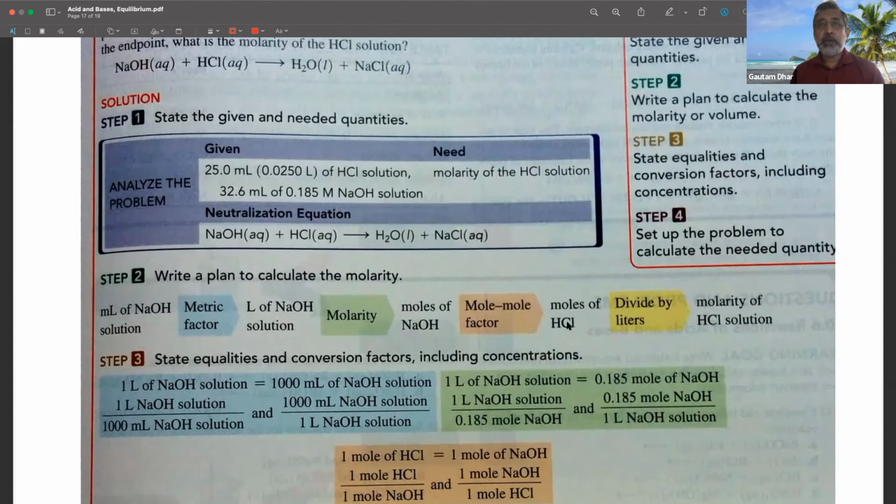Now the stoichiometry: 1 mole of sodium hydroxide is equal to 1 mole of HCl, so you can figure out the moles of HCl. Once you get the moles of HCl, you can figure out the molarity because you divide by the volume, and that's the molarity of HCl. Very straightforward kind of problem. Same stoichiometry.